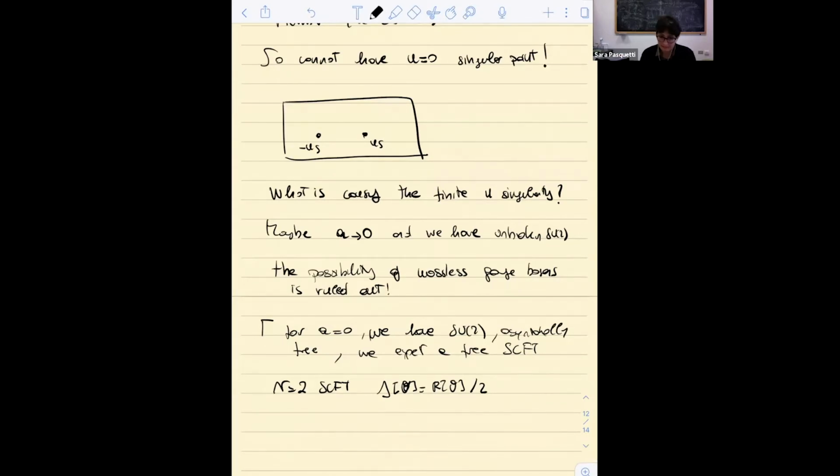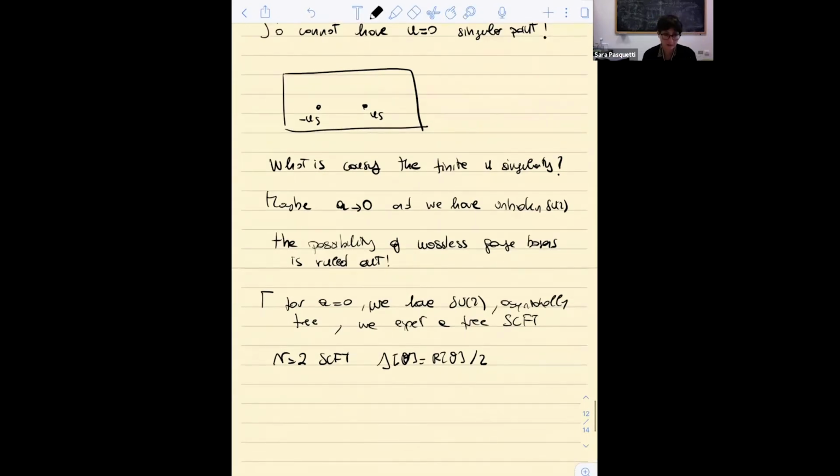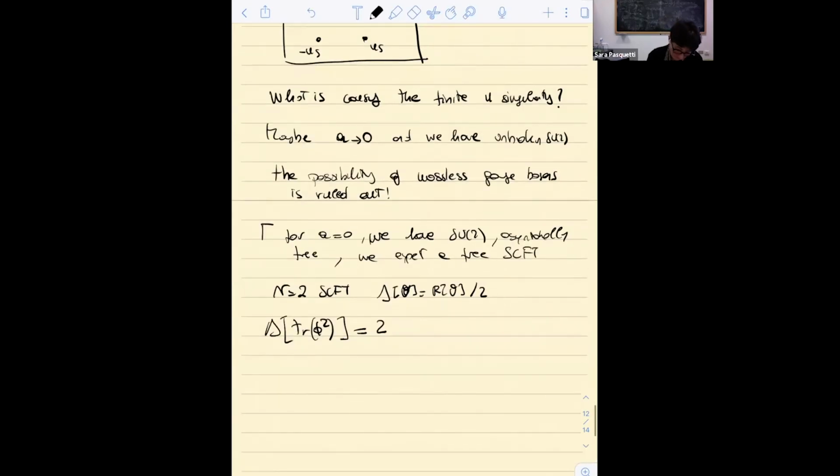Then, if we live in this superconformal field theory, then trace phi squared, which is our coordinate u, will have dimension 2. So this is u, okay?